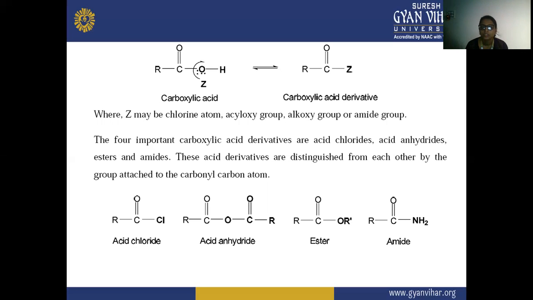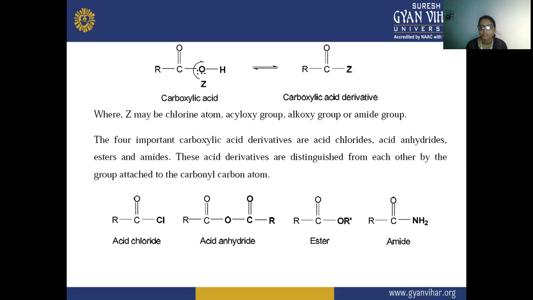So here, in this carboxylic acid, Z means the other functional group. It can be a chlorine atom, an acyloxy group, an alkoxy group, or an amide group. This Z is the replacement of this OH: the OH is removed from here, and in its position the Z is attached.